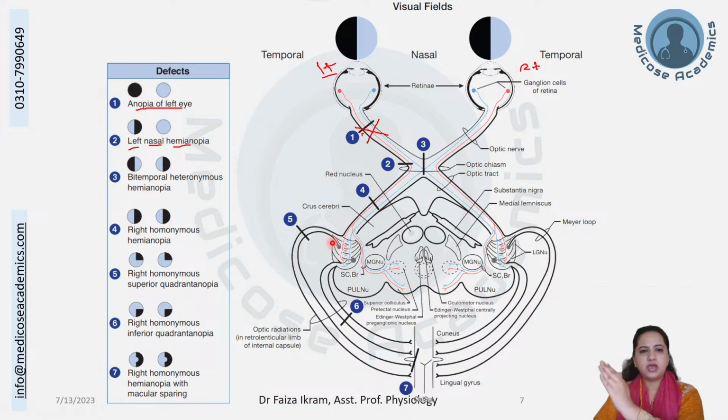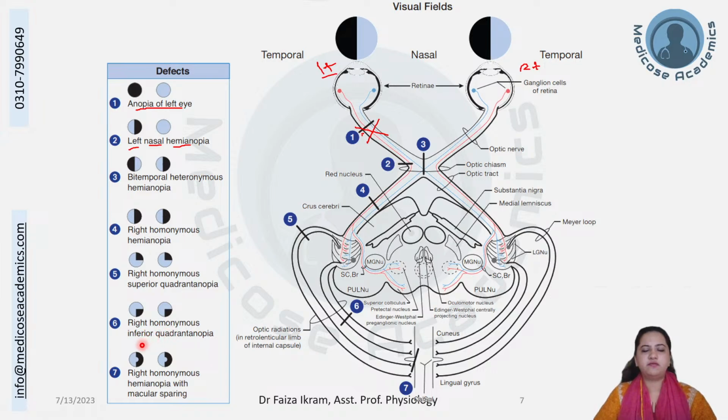It will be leading to the homonymous type of loss on the opposite side. So right homonymous superior quadrantanopia. If the fibers via the parietal lobe are disturbed, again it will be opposite side homonymous anopia, but on the lower half of the field of vision.